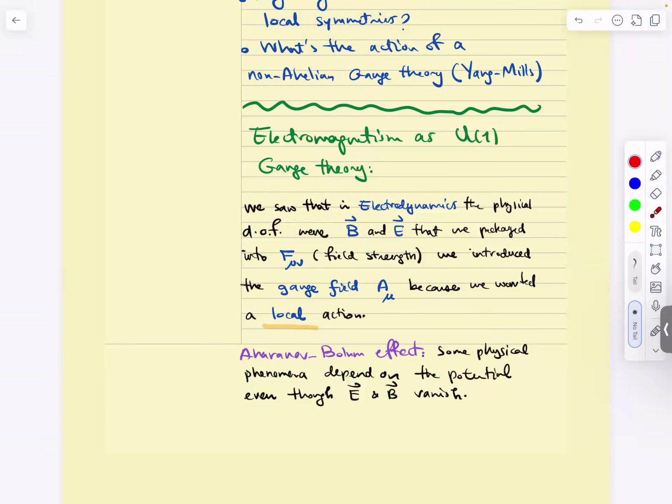And the way to see that is through the Aharonov-Bohm effect. Did we discuss this in QFT1? We did. Okay, but I'm going to discuss this again. This is intimately tied to the fact that we can't write down a local action using F mu nu, E and B, for a gauge theory. All right, so this is a philosophy.